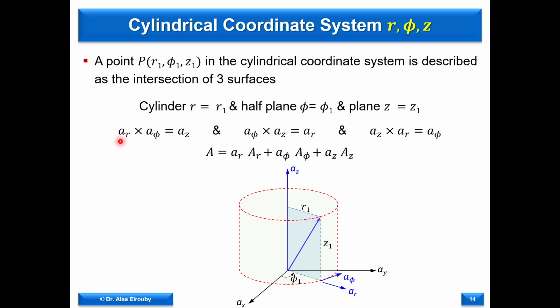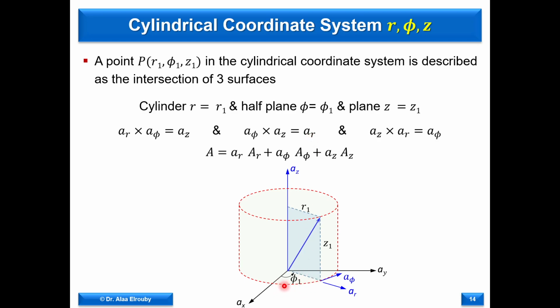And the orthogonality is expressed by aR cross a phi equals aZ, in this order. And if you go a phi cross aZ, it will equal aR, and aZ cross aR equals a phi. It is very important to note that a phi and aR are of varying direction.